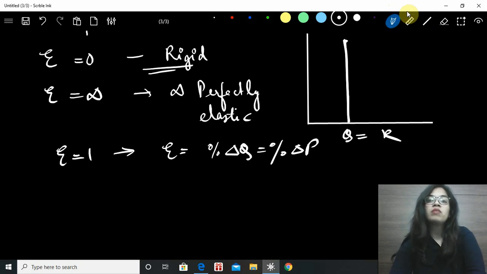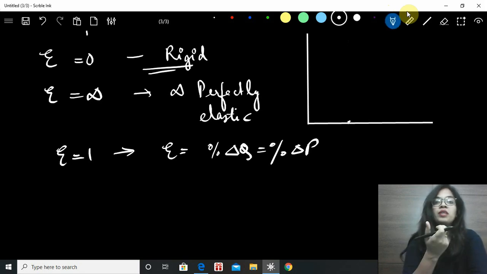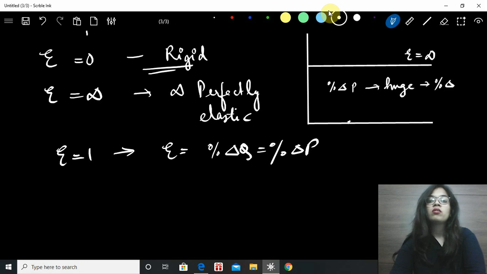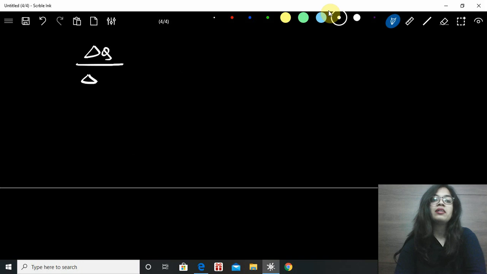Now if the same thing is plotted for perfectly elastic, which means that a small change in price is going to cause a huge change in the quantity demanded, the graph is going to be parallel to the x-axis, and this elasticity is infinite. A small change in price is going to cause a huge change in quantity demanded, right?